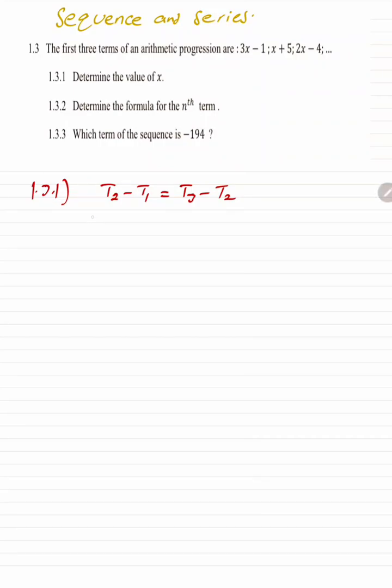T2 is x plus 5 minus, but be very careful. You need to use the bracket because T1 itself is a binomial, it's two terms. So that's going to be 3x minus 1. If you don't put this bracket, your answer is going to be automatically wrong, because the negative has to affect positive 3x and it has to affect negative 1.